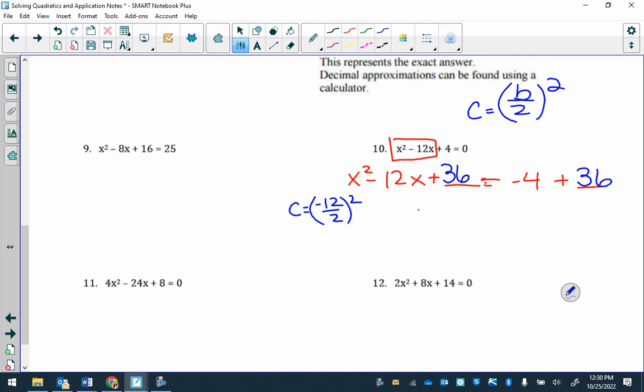Can't you just find two numbers that add up to negative 12? What would it be? Negative 6. Okay, so I could take this factoring and literally write x minus 6 squared.